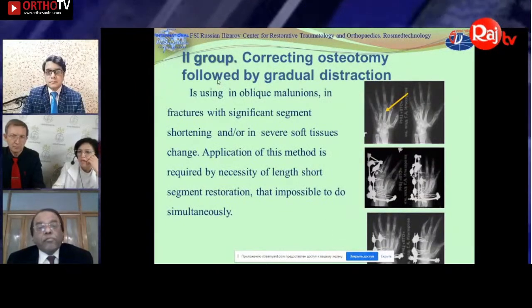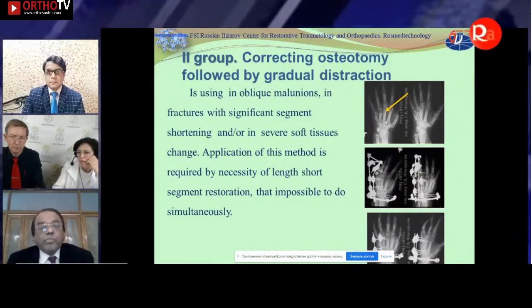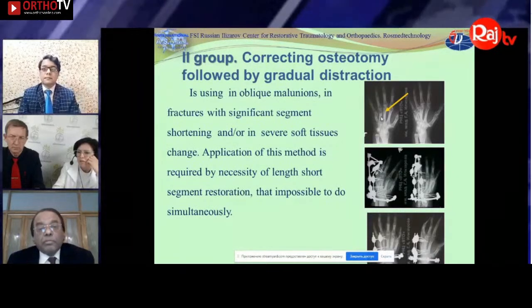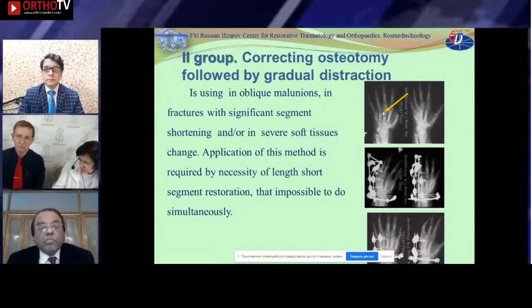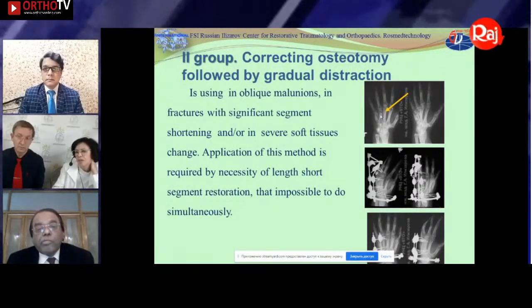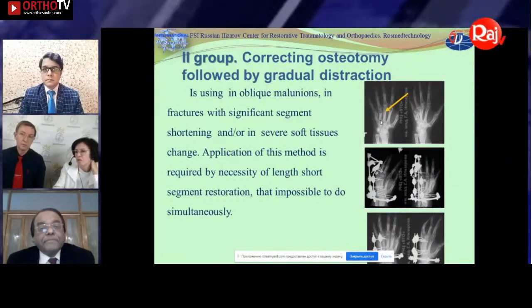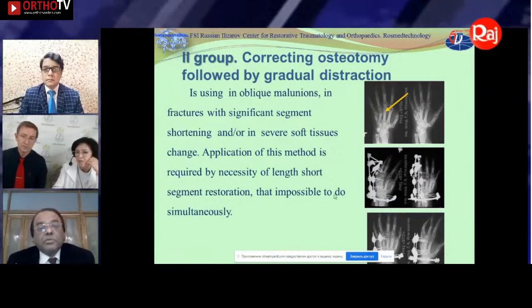Two, group correction osteotomy by gradual distraction. Big problem with the fourth finger and dislocation of fragments of these bones and very shortening after trauma.